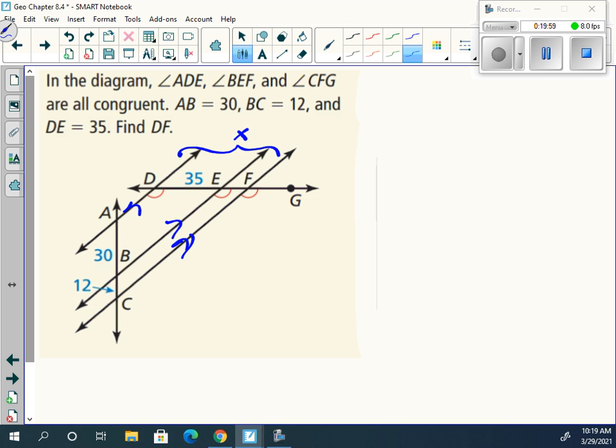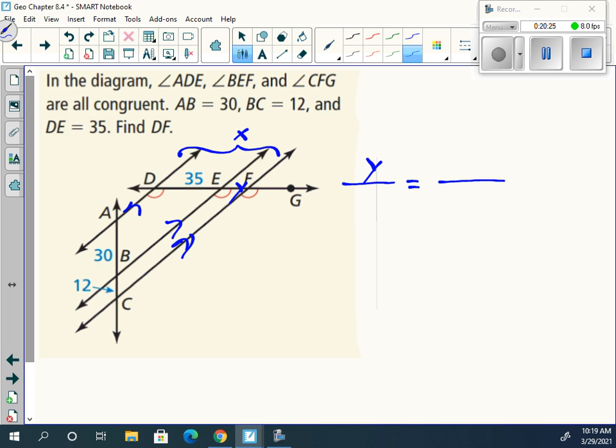So again, they're wanting us to find the entire length. But with these proportionality theorems, the main thing I can find first is EF. I can find it first, and then once I find it, I can add it back to 35 to find the overall total.